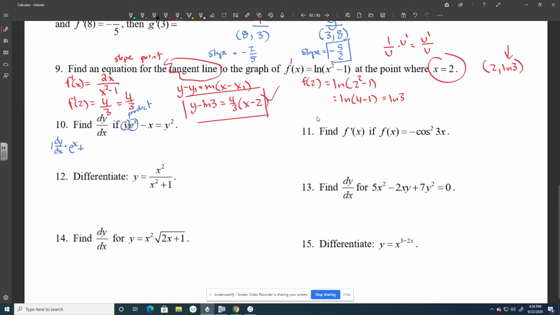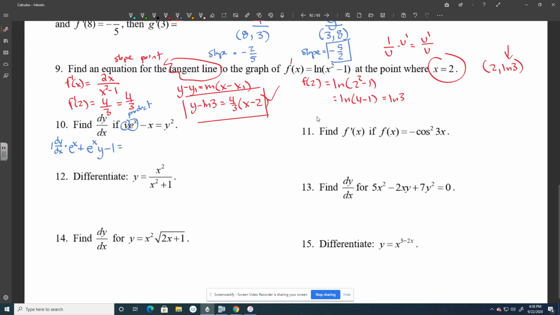And then I'm going to add the derivative of e to the x, which is just e to the x, multiplied by y. So that part didn't even change at all. We still just have e to the x times y. And then don't forget to take the derivative of minus x, which is going to be minus 1.